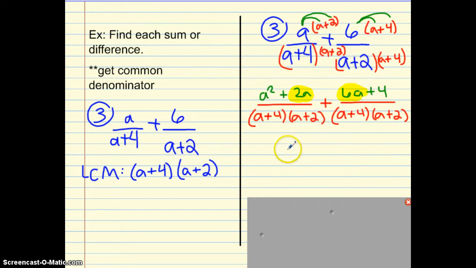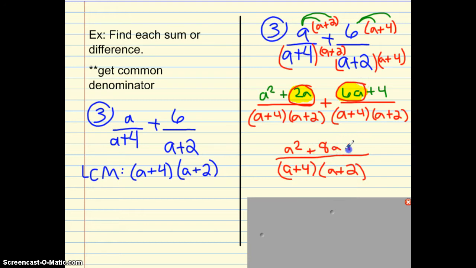So down on the bottom, again, we'll have that a plus 4, a plus 2. But on the top, we'll have a squared plus 8a plus 4.